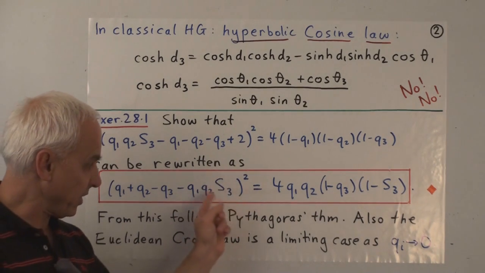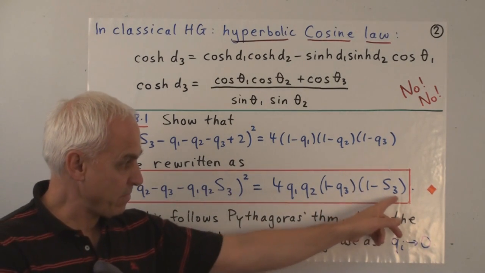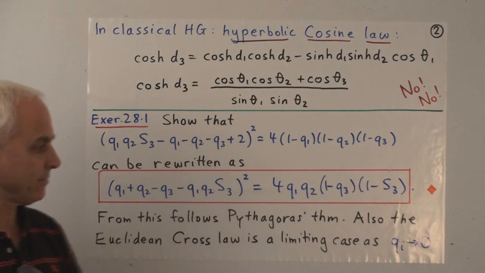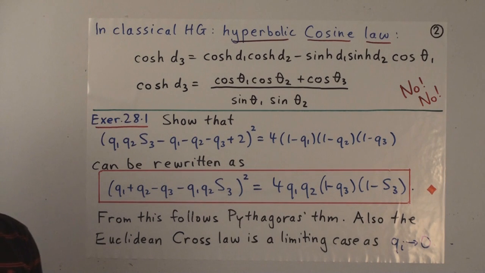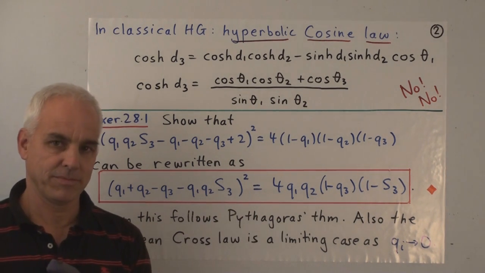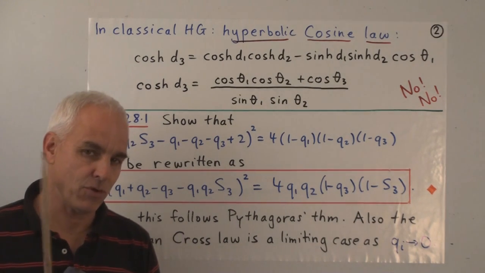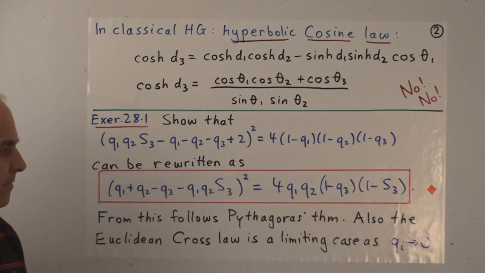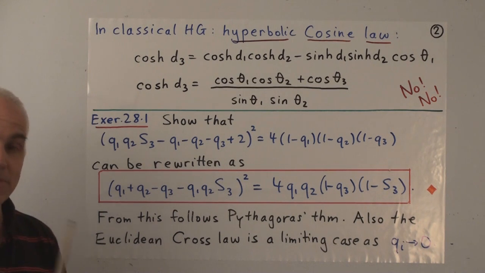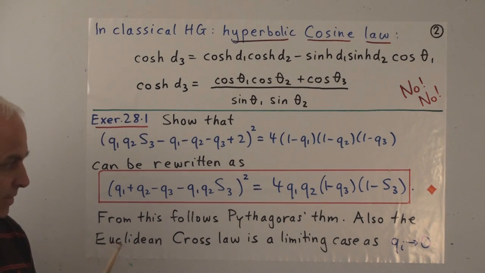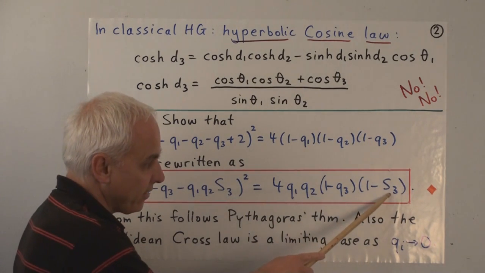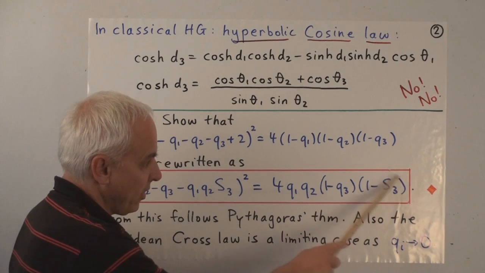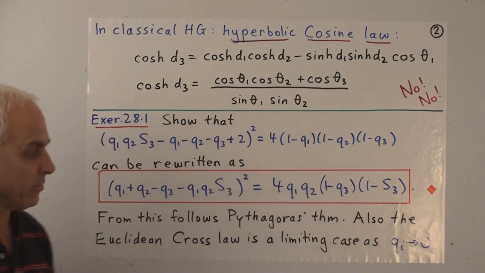Now the S3 occurs over here quadratically, but it also occurs over here linearly. This is a nice alternate form for a number of reasons. First of all, from it follows Pythagoras' theorem. That's an exercise that I gave you a few videos back. If S3 happens to equal 1, then this form of the cross law immediately tells us that this 1 minus S3 will give us a factor of 0, so this right-hand side will be 0.